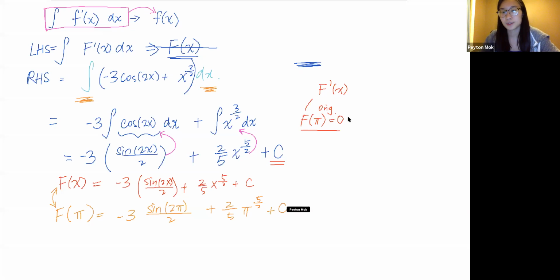And the last thing is, what does this tell us? This equals to 0, right? So setting this equal to 0 means that we can actually solve for c. So does anyone know what this will give us? Just the first term.